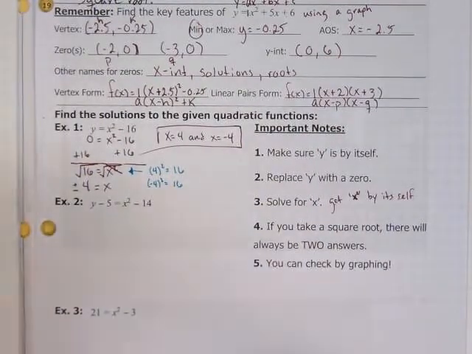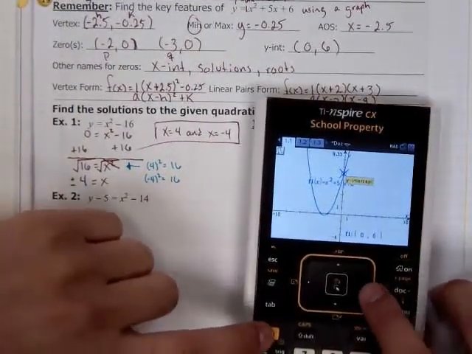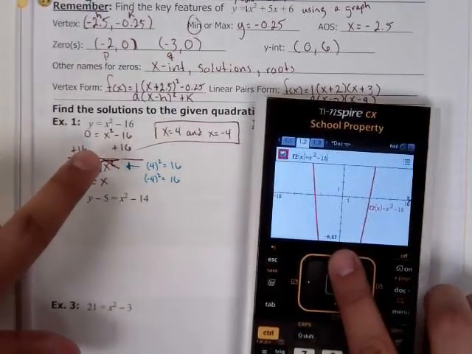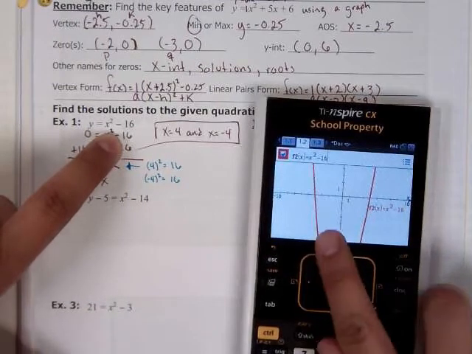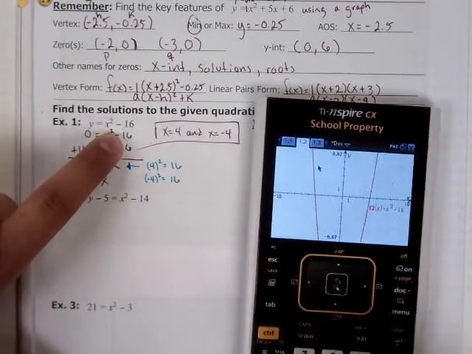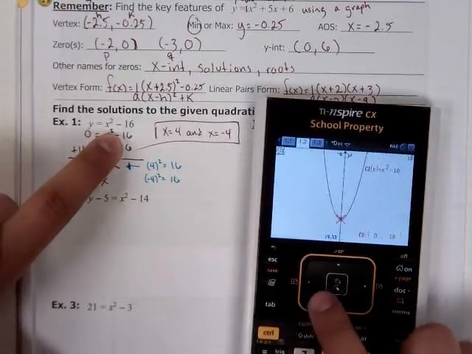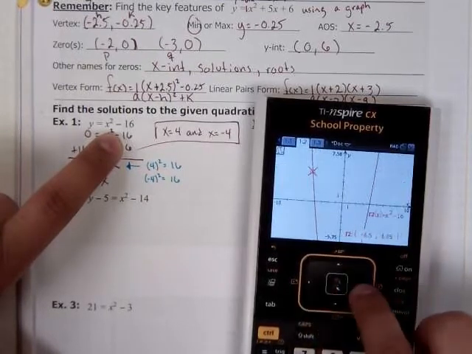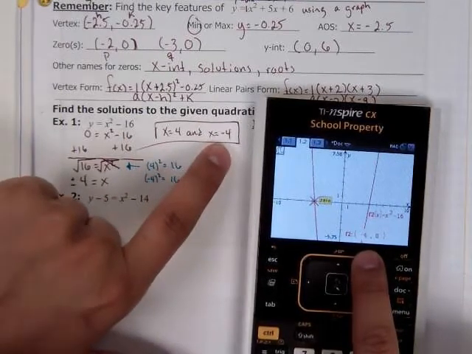Now what does this look like on a graph? If we graph our equation, x squared minus 16, we're looking for a 0, so we're looking for where this graph crosses the x-axis. If I go to menu, trace, graph trace, and go up to the x-axis where it says 0, I find my first one, negative 4.